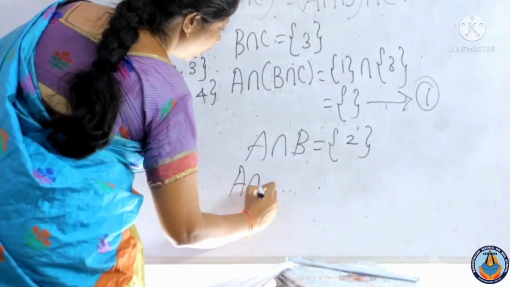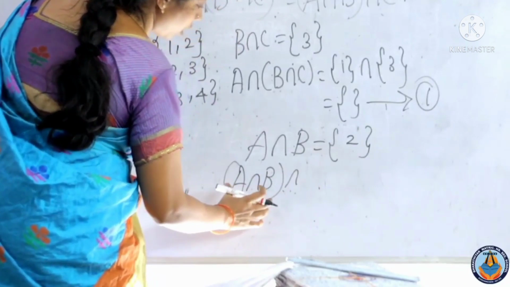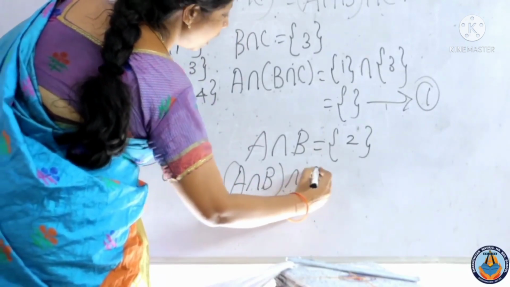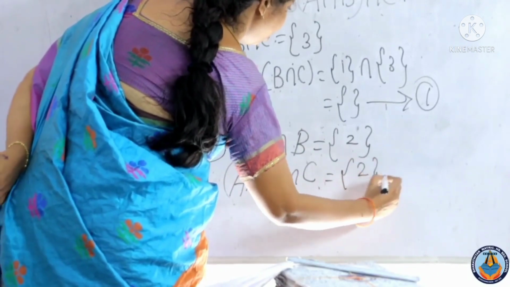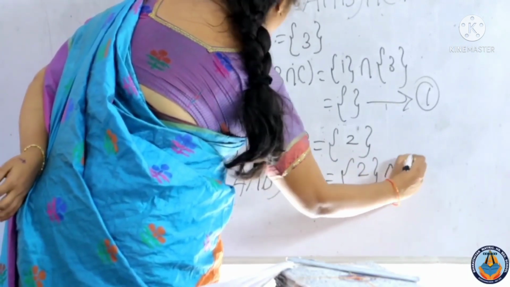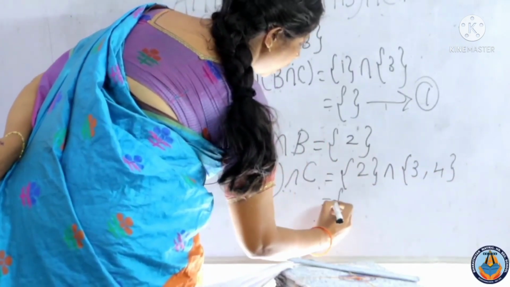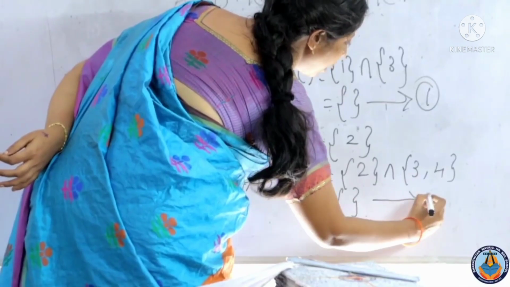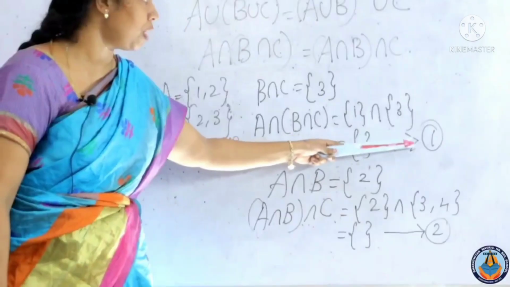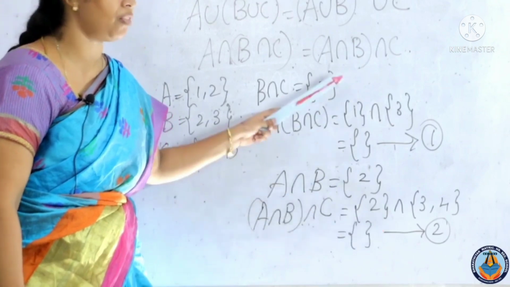Now you have to find intersection of A intersection B and C. 2 and 3, 4. Empty set. Mark it as 2. From 1 and 2, the associative property is verified.